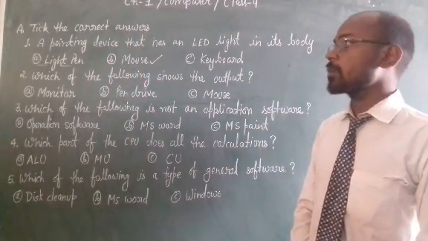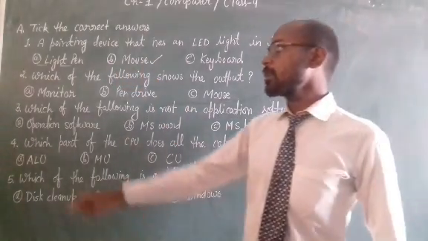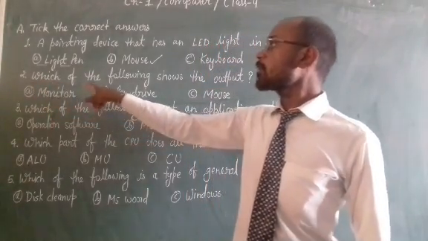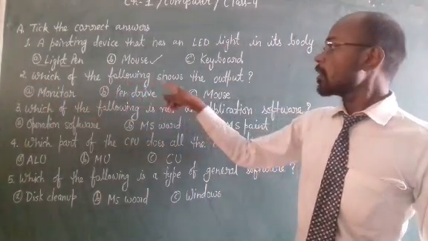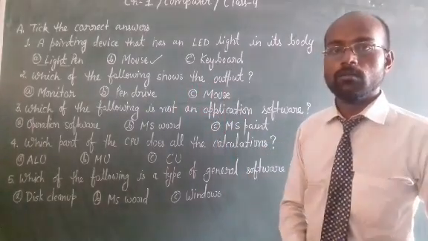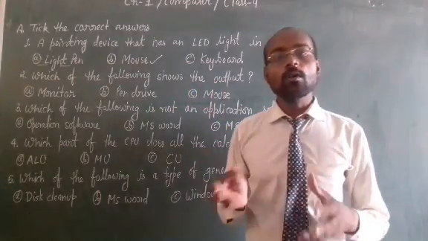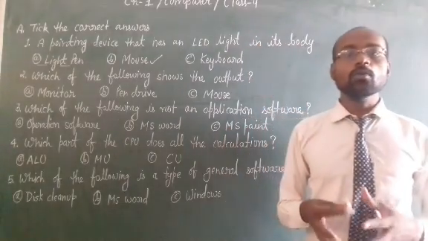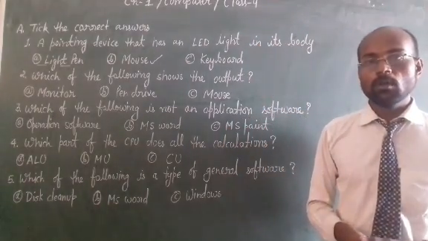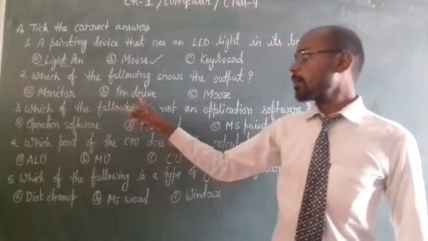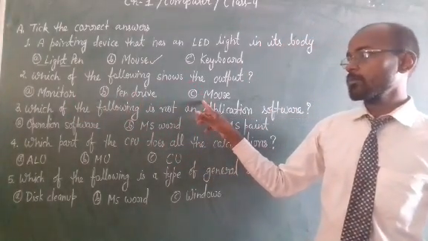Now come to the question number second. You can see here, question number second is which of the following shows the output? Students, the question is asking which of the following shows the output. Options are monitor, pen drive, mouse.